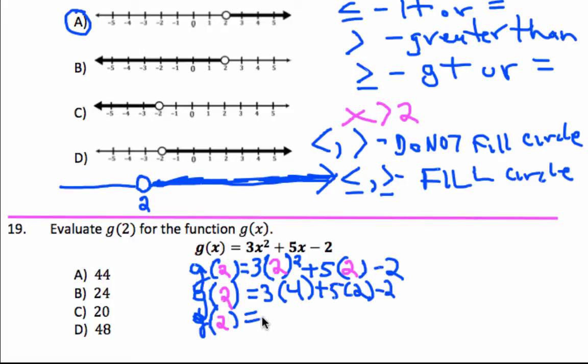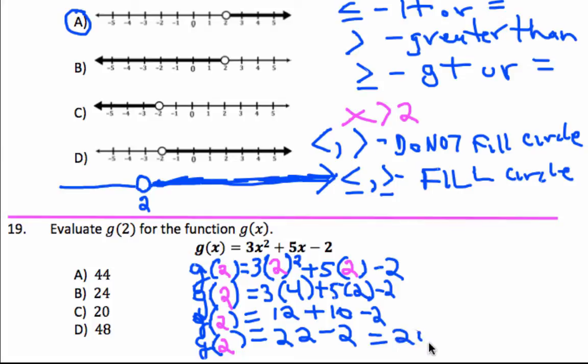So 3 times 4 is 12. 5 times 2 is 10, minus 2. So finally we get that g of 2 equals 12 plus 10 is 22, minus 2, which equals 20. So we see the answer is choice C, 20.